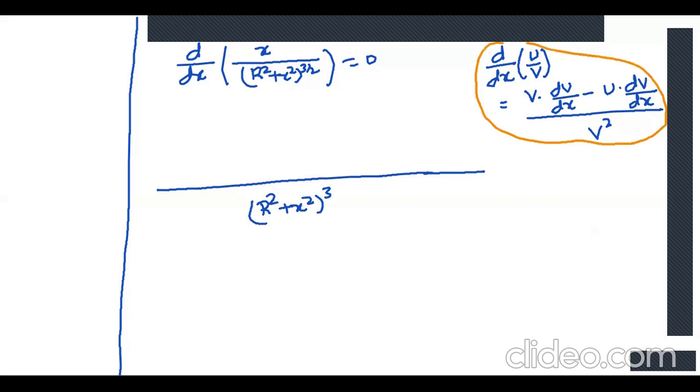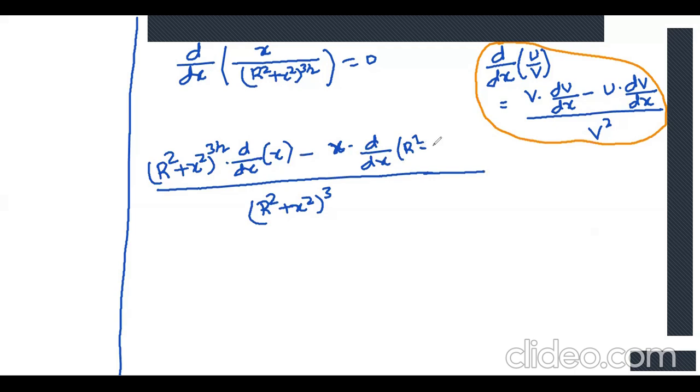Now, v means (r square plus x square) whole power 3 by 2 d by dx of u, that is x, minus x into d by dx of (r square plus x square) whole power 3 by 2, is equal to 0.